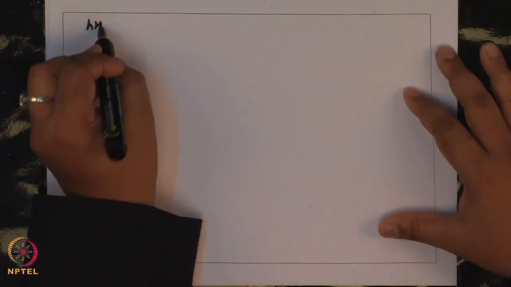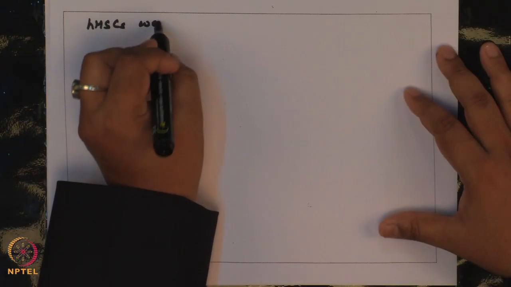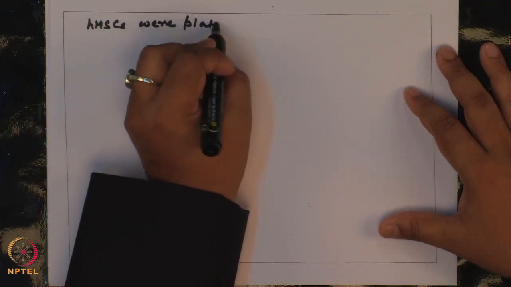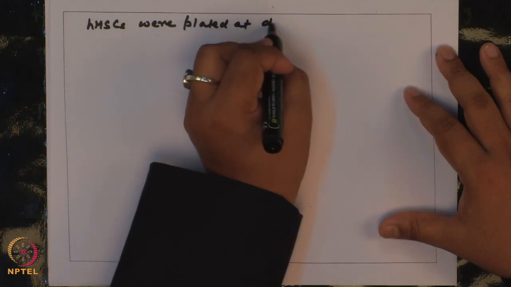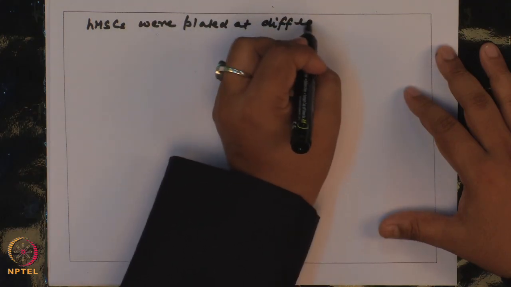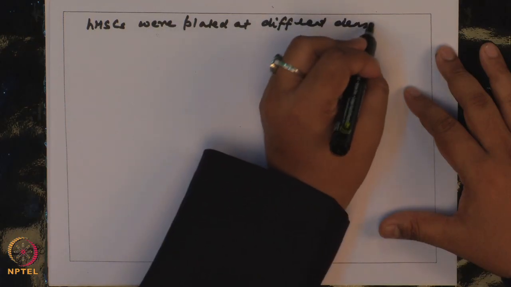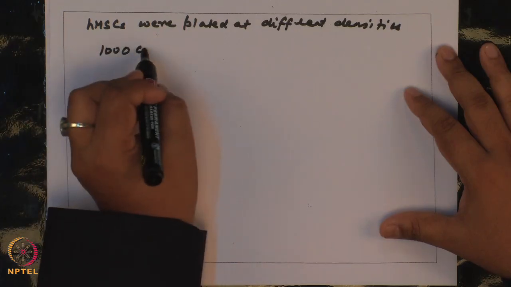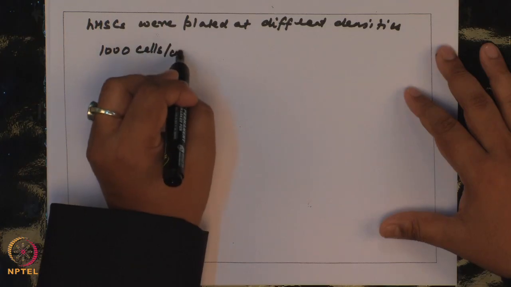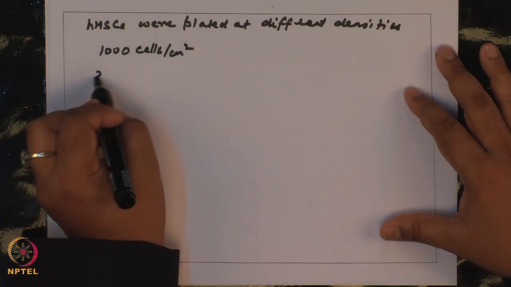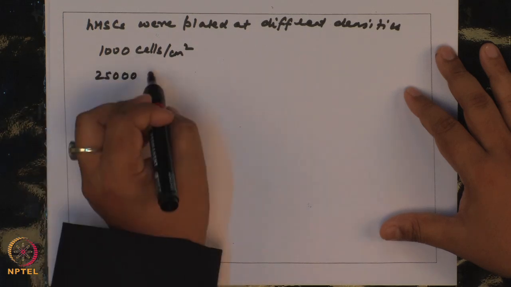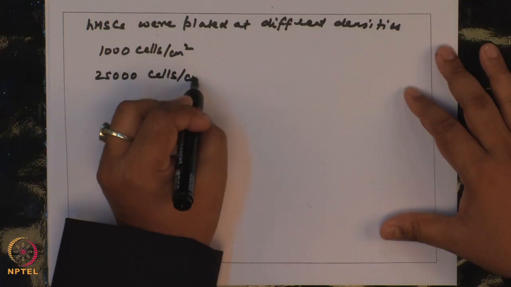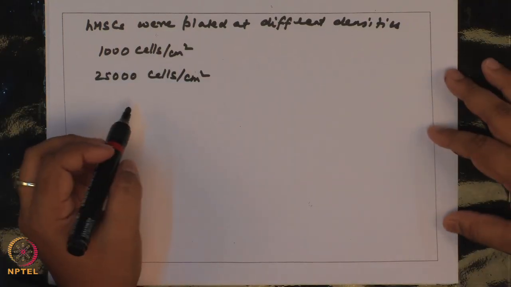So, what the authors started off with were experiments in which HMSCs were plated at different densities, either at 1000 cells per centimeter square or 25 times higher, 25,000 cells per centimeter square.